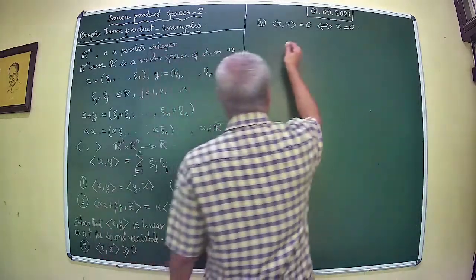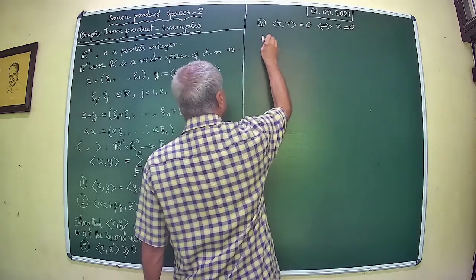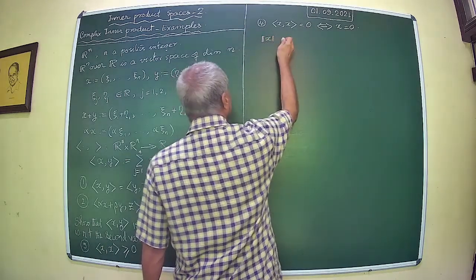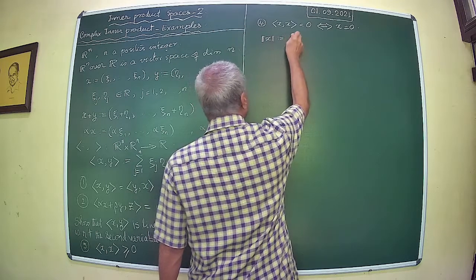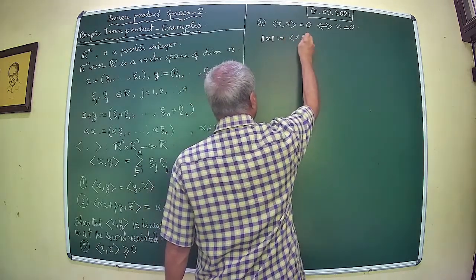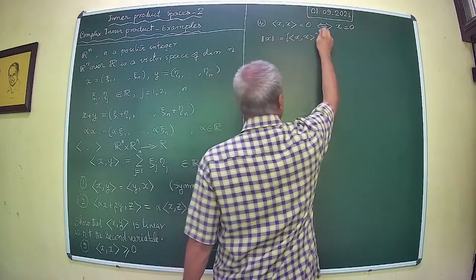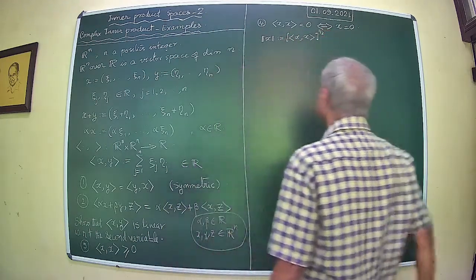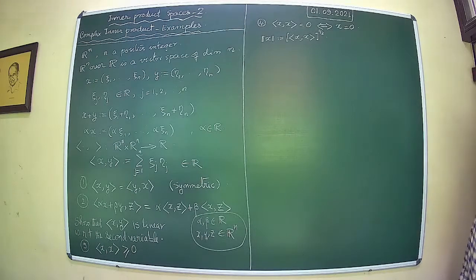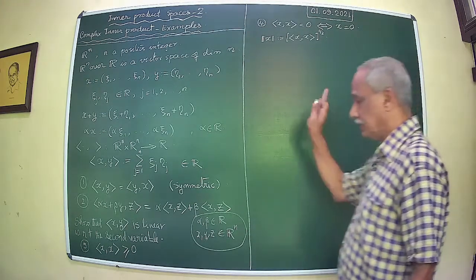And we shall also introduce the notation norm of x. You define it as the inner product of x with x to the power half. That is well defined as a real number.